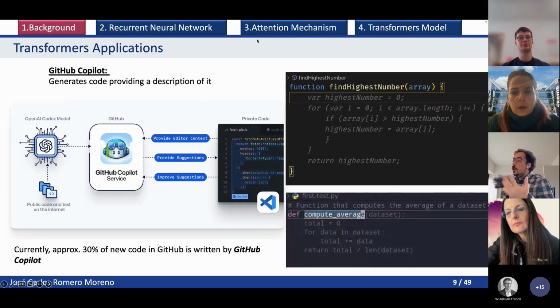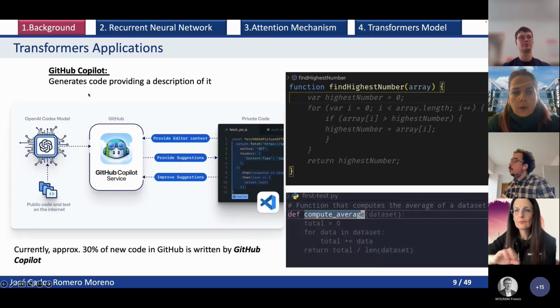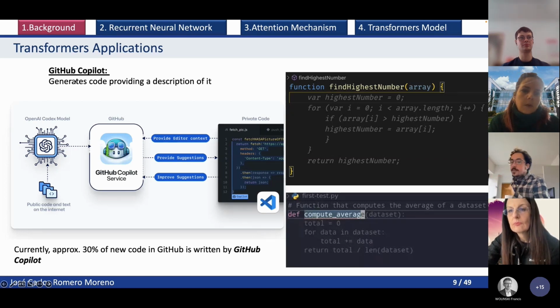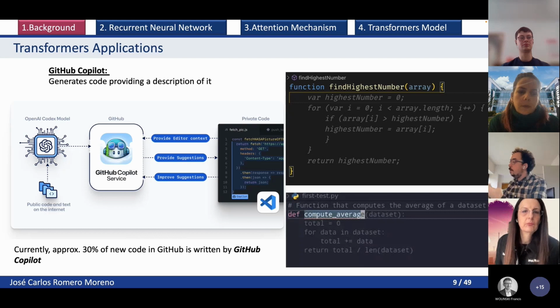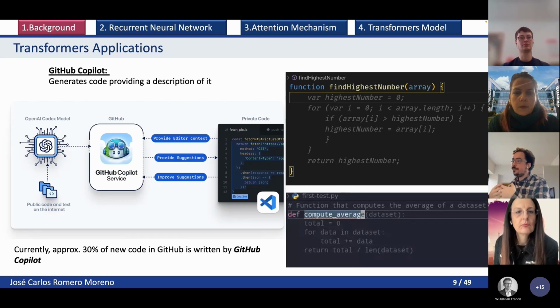Also, something was developed in the context of GPT: GitHub Copilot. I will go into more detail later, but basically these huge transformer models are trained with a huge amount of text. They said, okay, we have developed GPT-2 and GPT-3, and it's able to generate text.